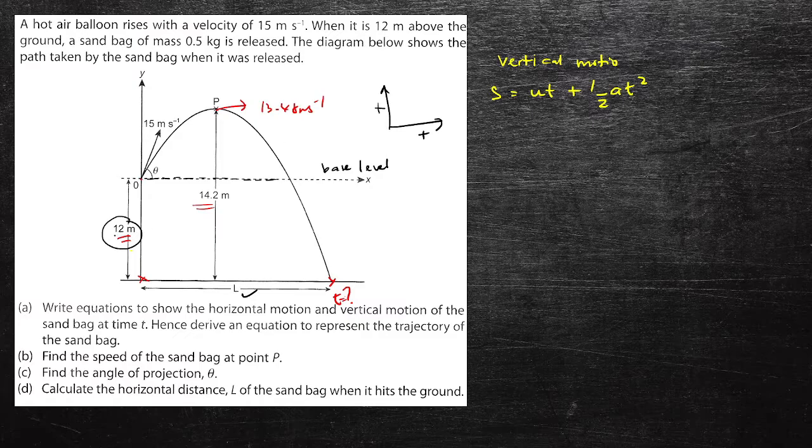So this 12 meters is pointing down from the base, so 12 meters is actually negative. Everything that goes up is positive here, everything that goes down is negative here.